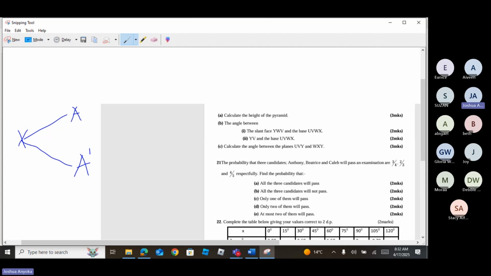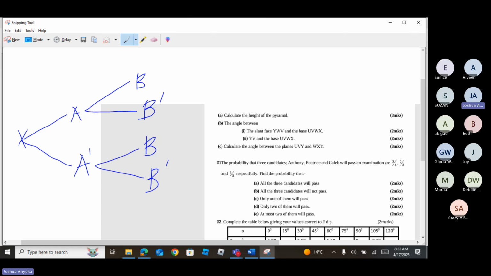So these are independent events. So we can have the second person taking an exam, who is Beatrice, will pass an exam or will fail.